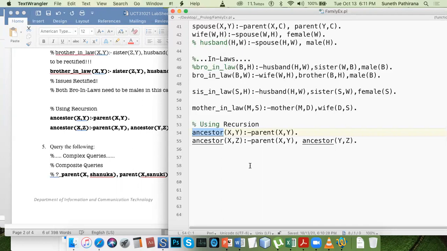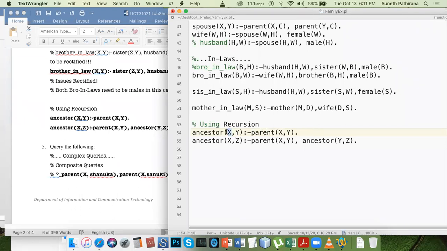So for example, the person X is going to be the ancestor according to this definition. X is the ancestor of Y. What is the fundamental condition?